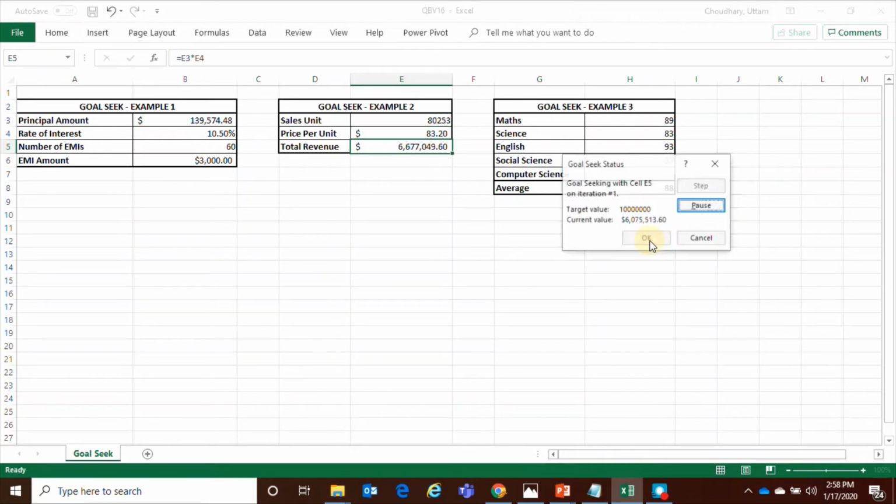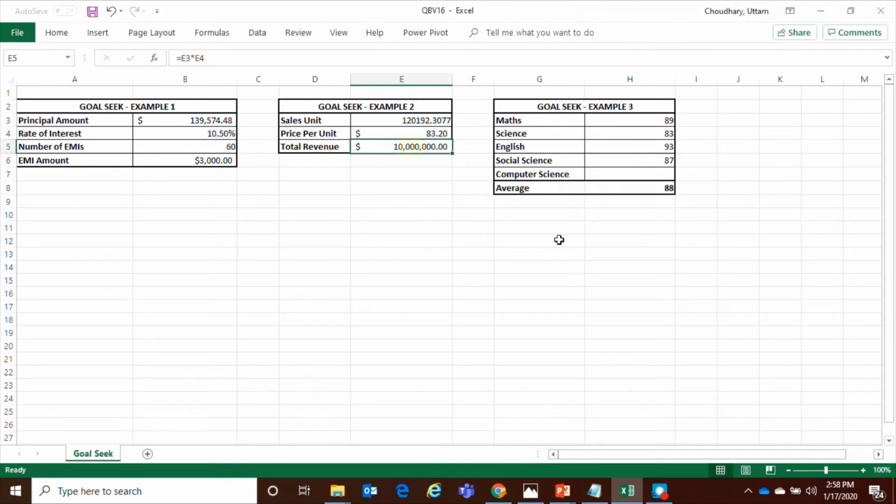So I say okay, and it immediately calculates and tells you that to achieve a revenue of 10 million, instead of 72,000 something, you should be able to sell about 120,192 units. Maybe just for rounding purposes, I can make it 193, because I don't sell in fragments.